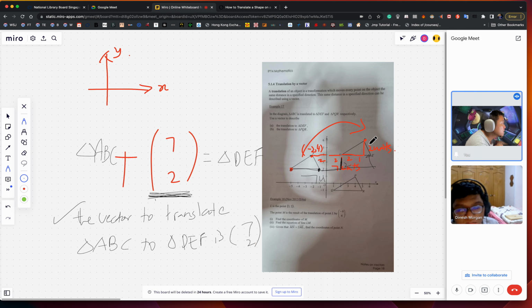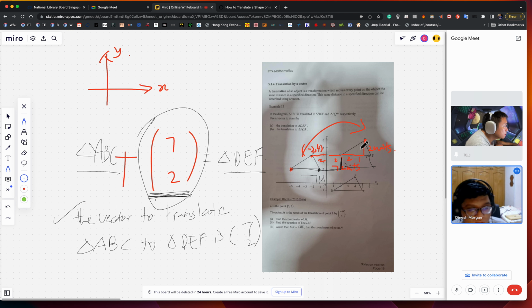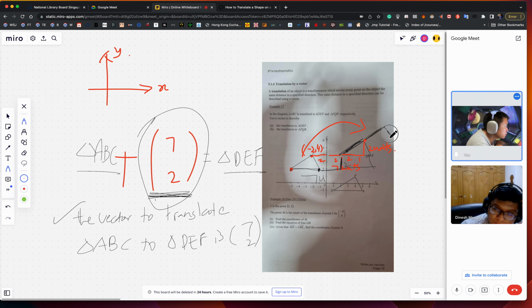But when you talk about transformation later, there can be more than one transformation. Let's say your ABC to DEF is by the column vector 7, 2. But what if they enlarge each side, let's say twice, to become, let's say, XYZ?